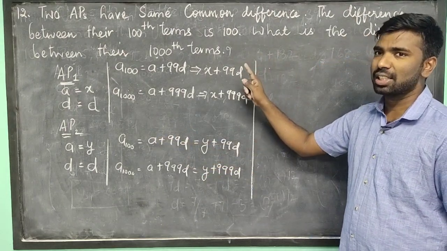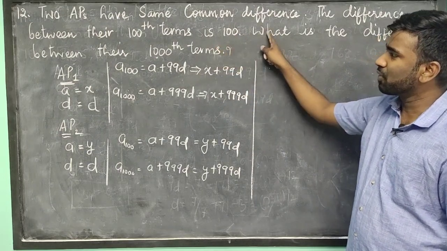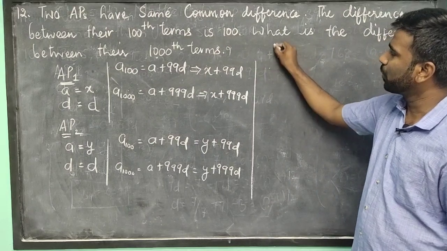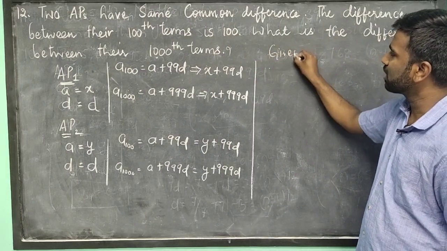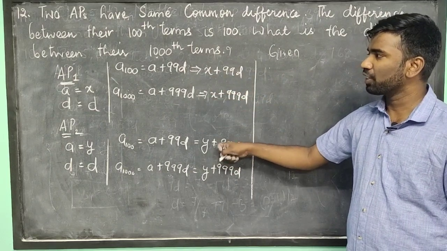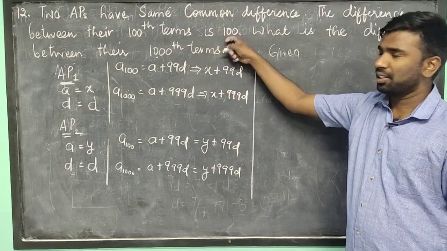Now the given condition is that the difference between their 100th terms is 100. Therefore, the 100th term of AP1 minus the 100th term of AP2 is 100.